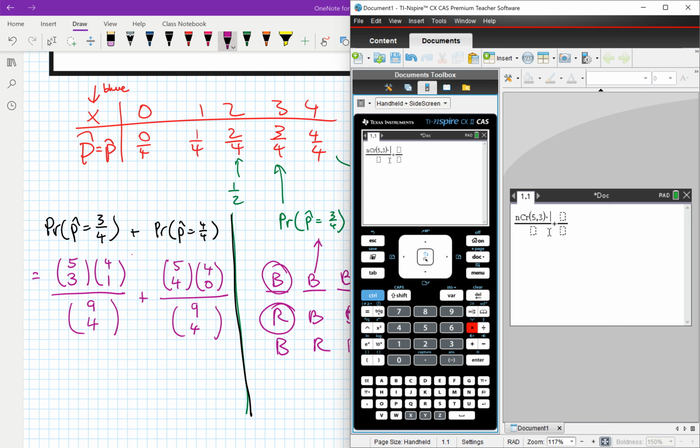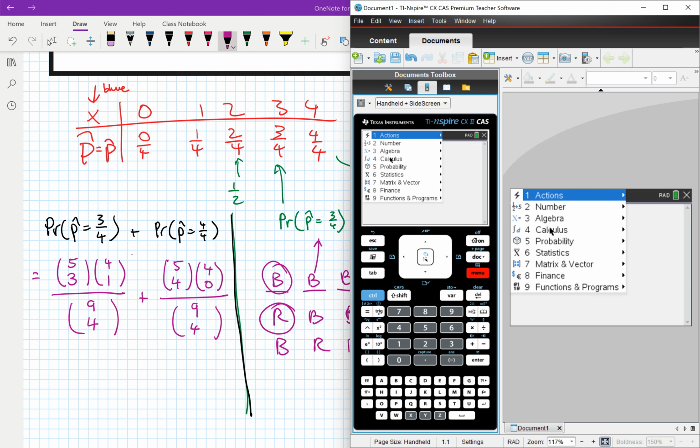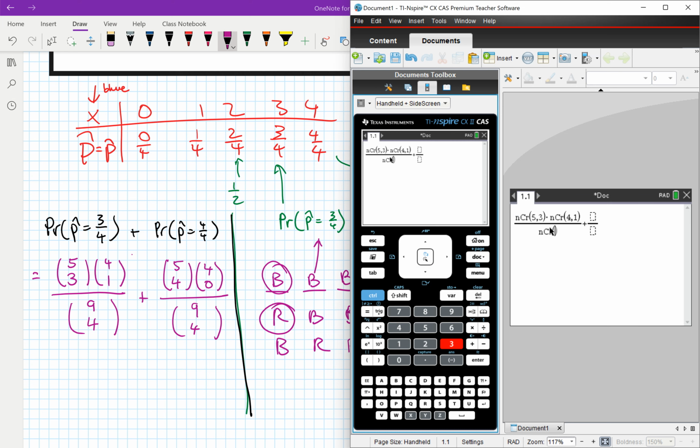Multiplied with, again, menu 5, 3, out of the 4 reds, I only want 1. Divided by, again, menu 5, 3, out of the 9, I want to choose 4. So the denominator is all the possibilities, all the combinations, whilst the numerator is 5 out of 3 by 4 out of 1.